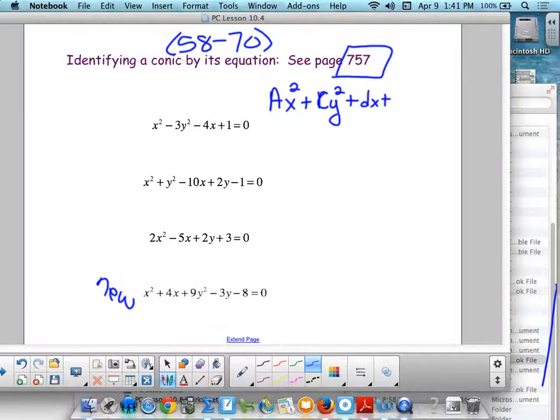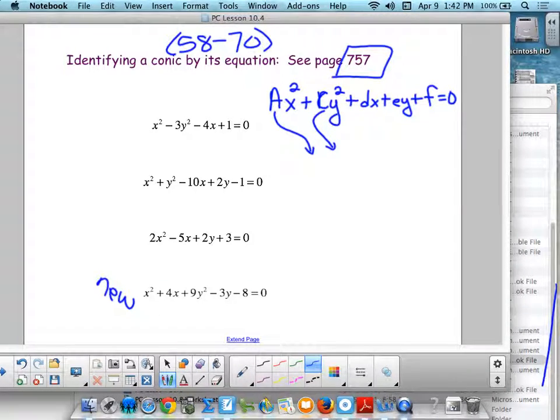ax squared plus cy squared plus dx plus ey plus f equals 0. So basically, if you have an equation in this form, with 0 on one side and everything else on the other side, and you want to know what this thing does, all you got to do is take the a value, take the c value, and do something with it.